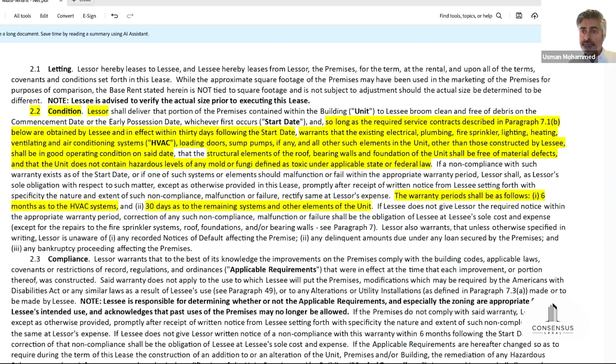Justin asks regarding ADA, is the landlord or tenant responsible for making common area ADA upgrades? Specifically, I've seen a deal blow up because the tenant is simply trying to install a racking system.